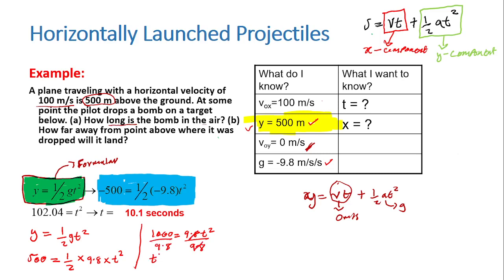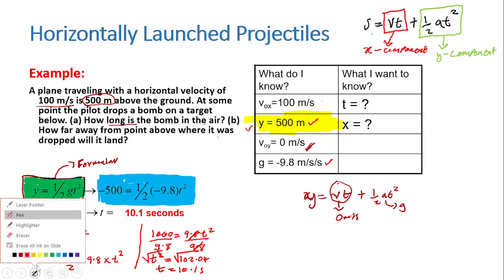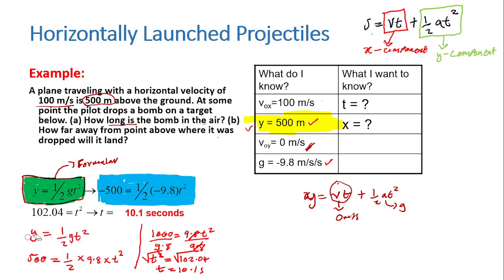T squared is equal to 102.04, and then there you're going to introduce a square root, and t will simply be equal to 10.1 seconds. So in case the formula has confused you a bit, that's how we have moved.